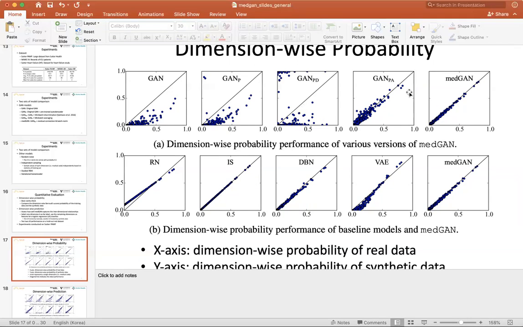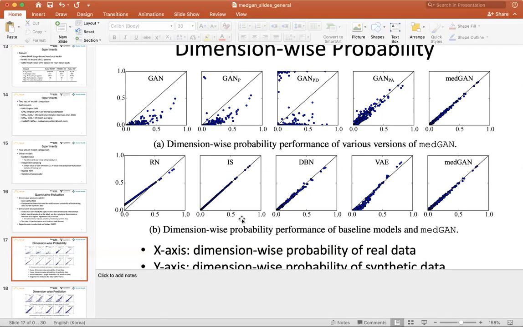And then after this, if you add the batch norm and residual connections to your generator, it becomes almost as good as the diagonal line itself. So if you add more techniques, the final form, the MedGAN, looks very, very real, at least in the sense of dimension-wise probability, the mean occurrence probability.